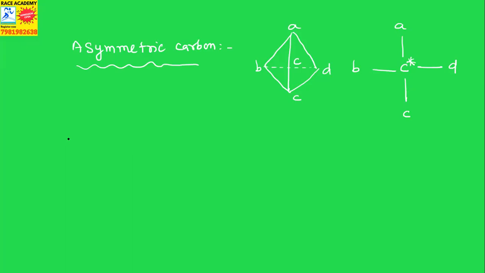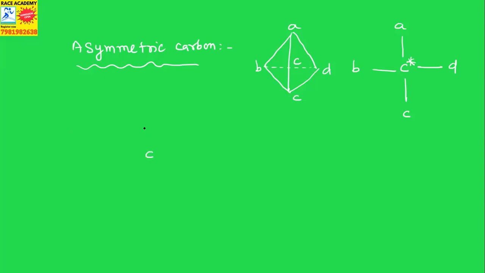The star is called an asterisk, and all the organic compounds containing such asymmetric carbon atoms, like the lactic acid and amyl alcohol we saw, come under optically active compounds.